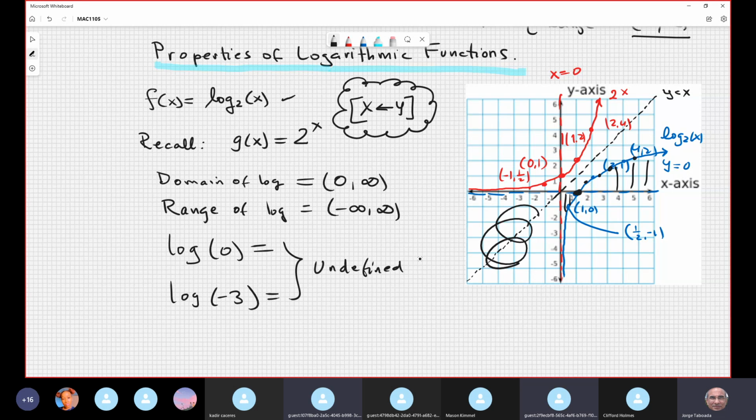It's completely outside the domain. Because the domain is from 0, not including 0, to infinity, so only positive. So the logarithm only accepts inside, once I specify the base, 3, 4, 5, only positive numbers, 50, for example. And this by hand is hard, but we use a calculator.